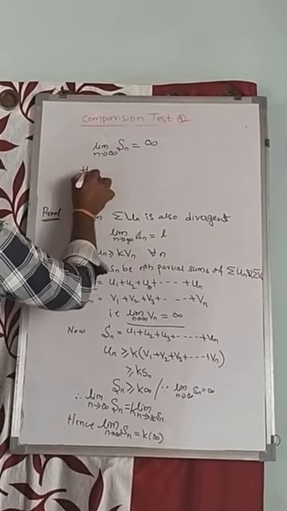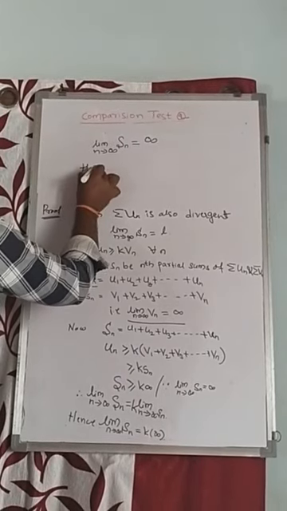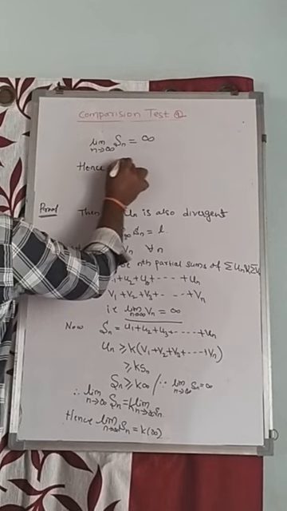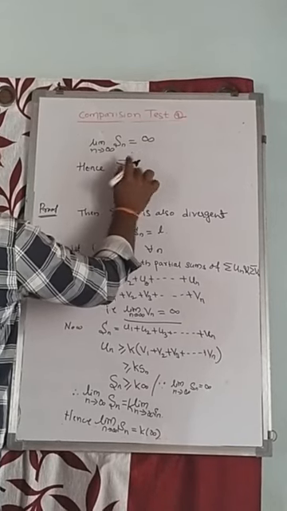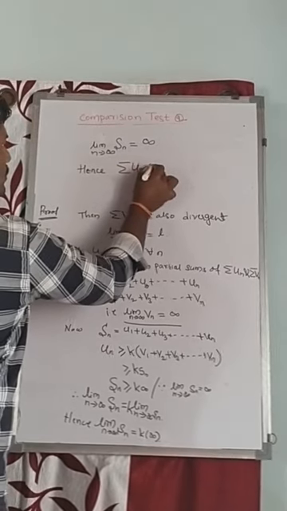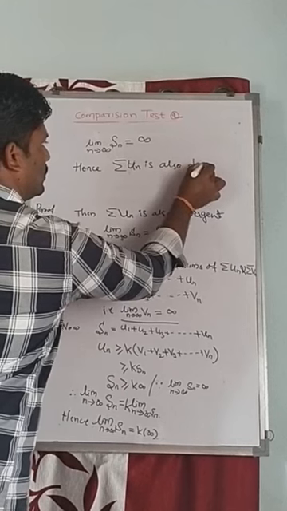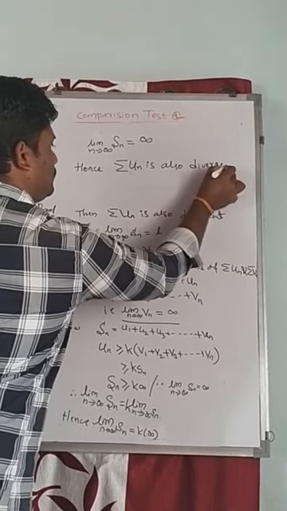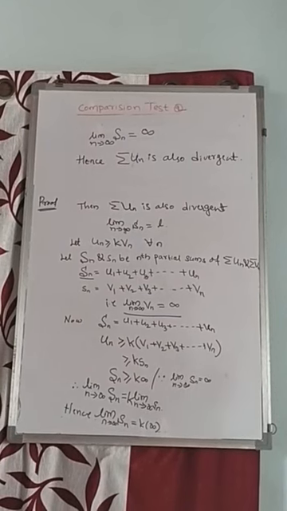Hence, the series summation of un is also divergent. This is the second condition.